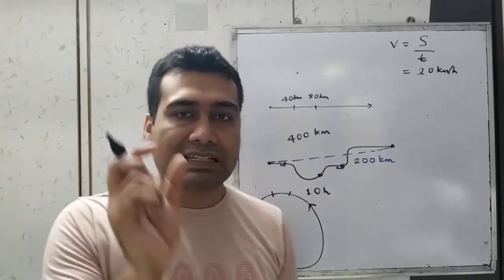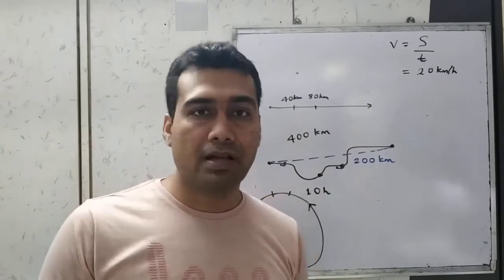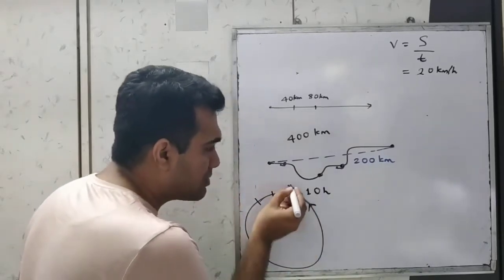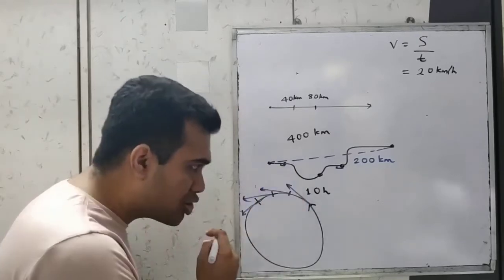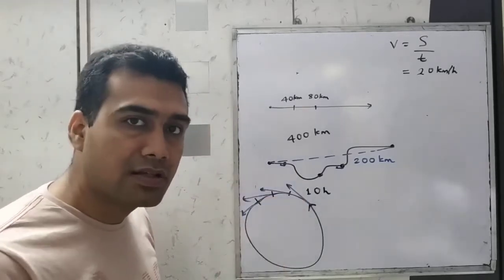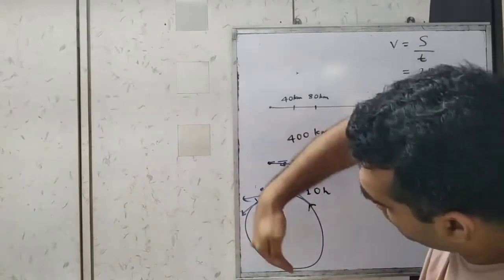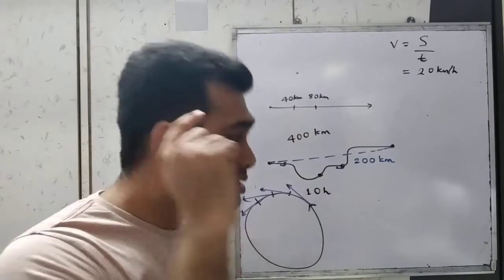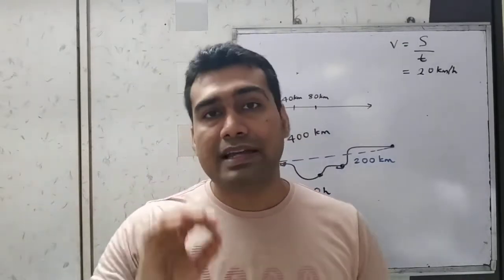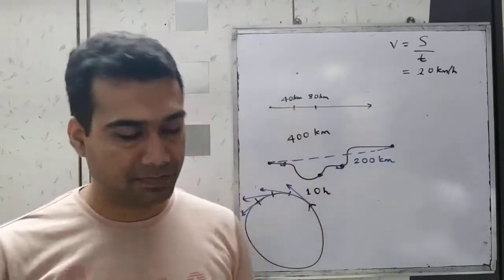Speed is constant, that is the magnitude is constant, 5 meters per second, let's say. But the direction of motion keeps changing. At every point, the direction is along the tangent to the circle at that point. And since the direction of motion keeps on changing, the velocity keeps on changing. So this is not uniform velocity, even though it is uniform speed.